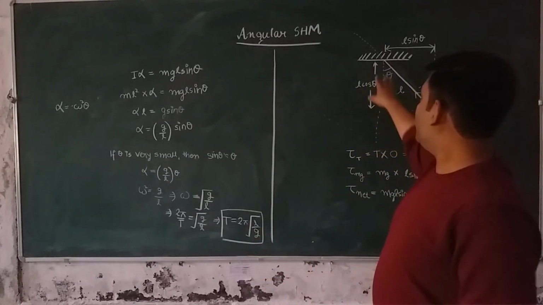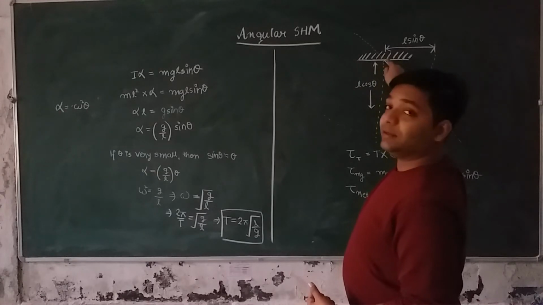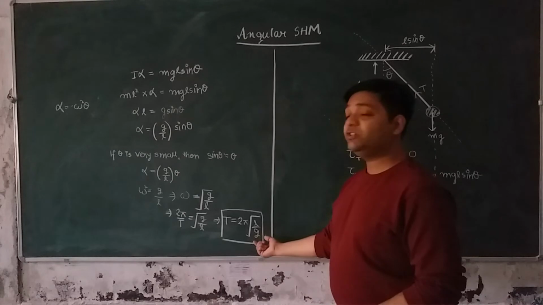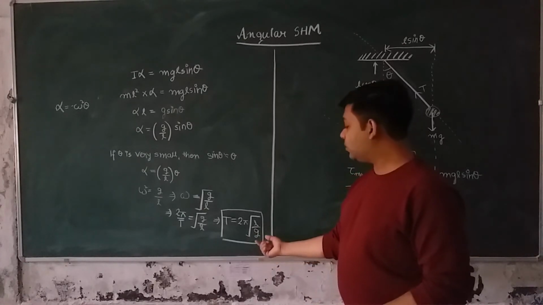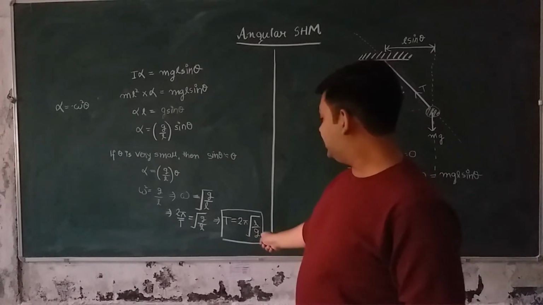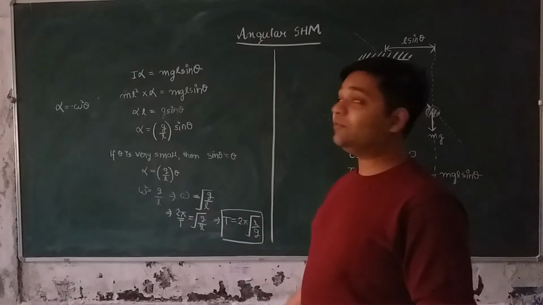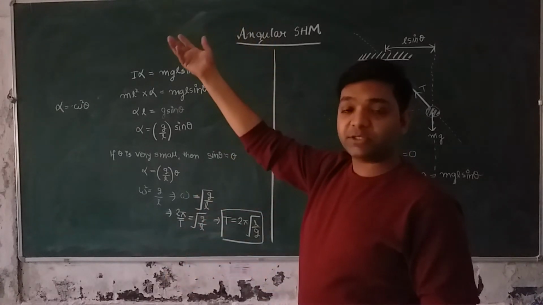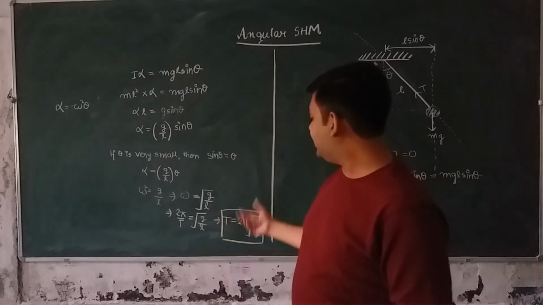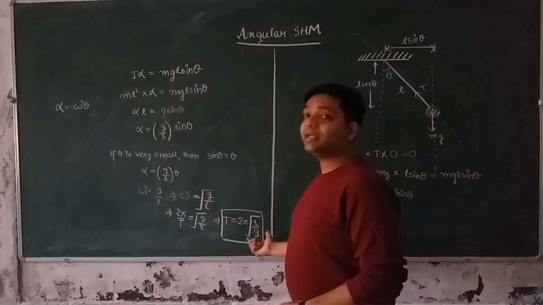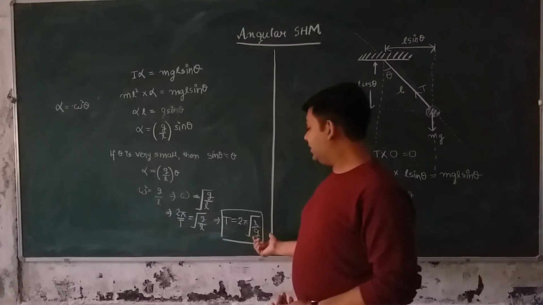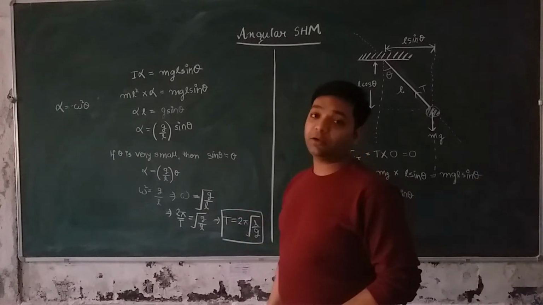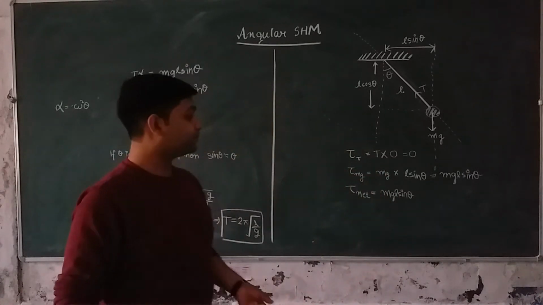When the suspension point or the axis of rotation is fixed, the effective value of g is g itself. So in our derivation this comes out to be g, but if the simple pendulum is placed in a lift accelerating upwards or downwards, you need to find the effective value of acceleration and substitute it here to get the correct time period, right?